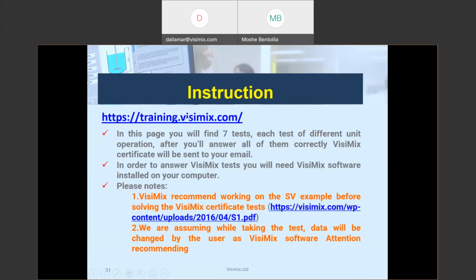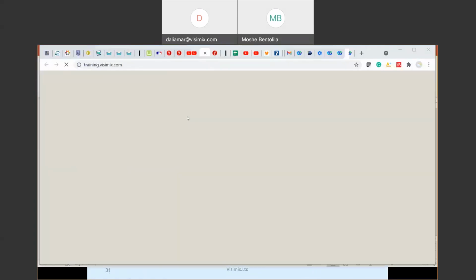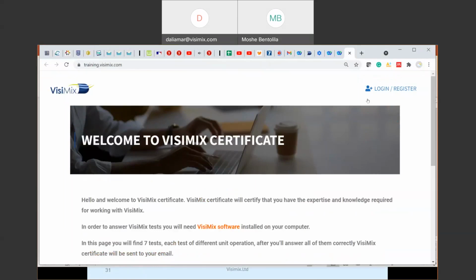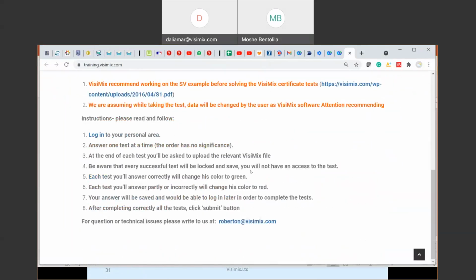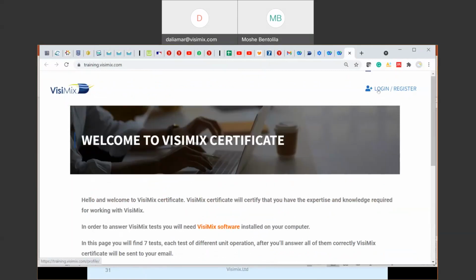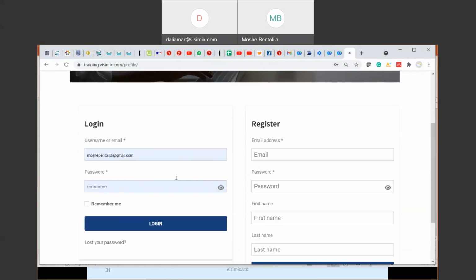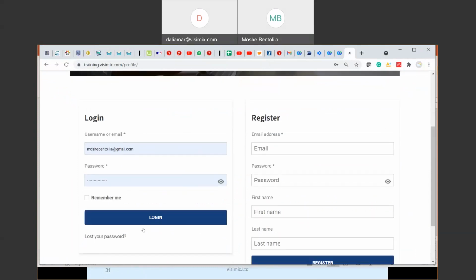So when we click training, the software, this is what you will get. Okay, so you can see here all the instructions. You can do login or registration, and when you do it, you need to log in, okay, or register yourself.